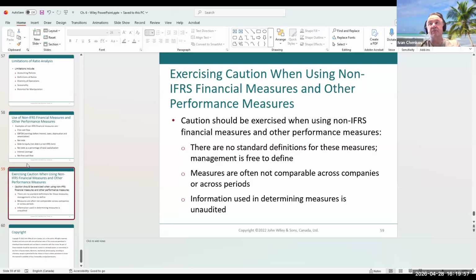Yes, they're going to be reviewed, but a light review from the practitioner, which is a compilation, not an audit. And that's it for our financial statement analysis. A very, very organized and very, very straightforward chapter.